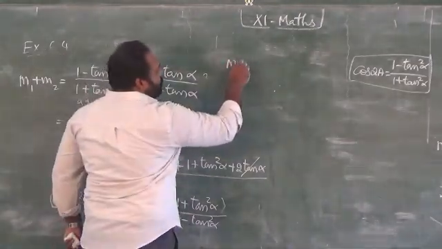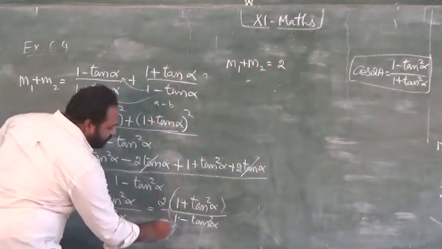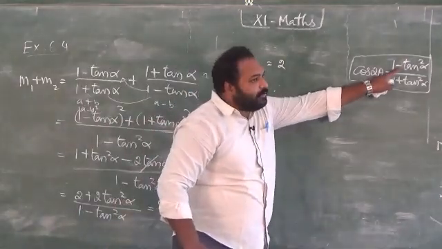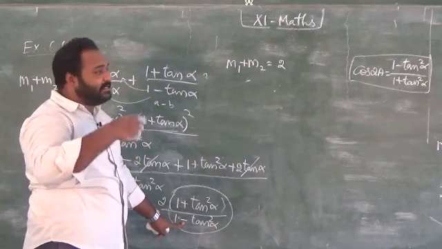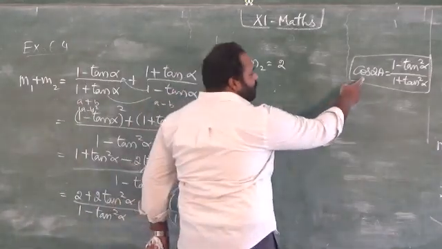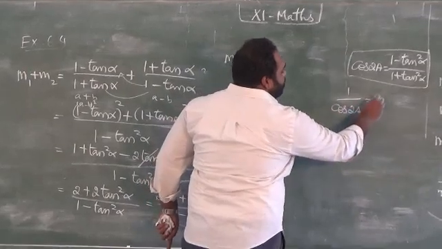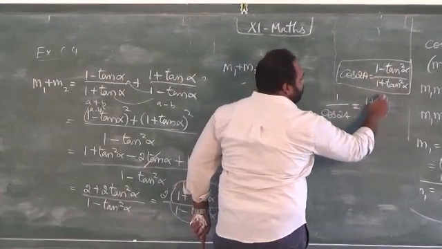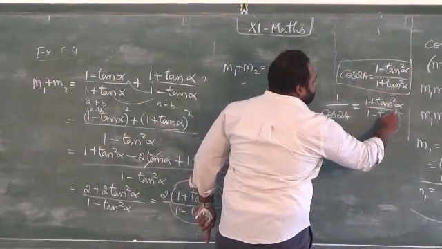So M1 plus M2 equals 2 into this part. Look at that, it is a reciprocal. If you take the reciprocal, 1 by cos 2 alpha will be (1 plus tan square alpha) by (1 minus tan square alpha).